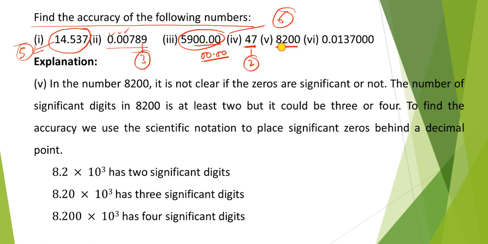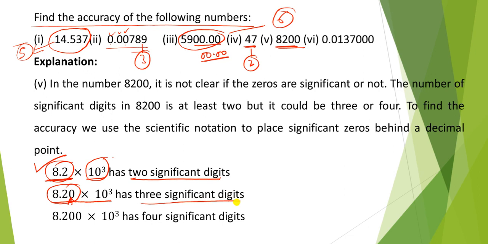Now next is 8200. This number has 2 significant digits, or it may be 3 or 4 significant digits, because 8200 can be written in the form of 8.2 × 10³. Here 10³, that is 10 to the power n or 10 to the power minus n, is not counted in significant digits, so this number 8.2 has 2 significant digits.